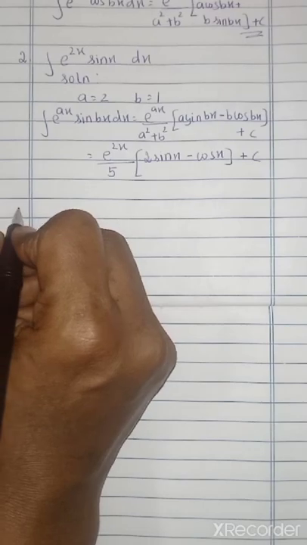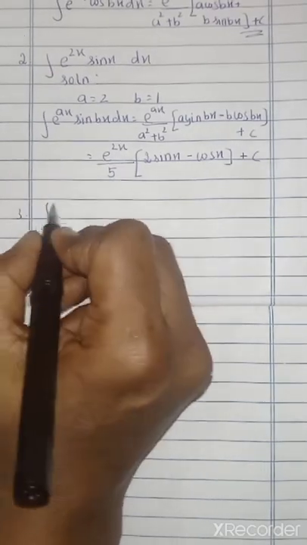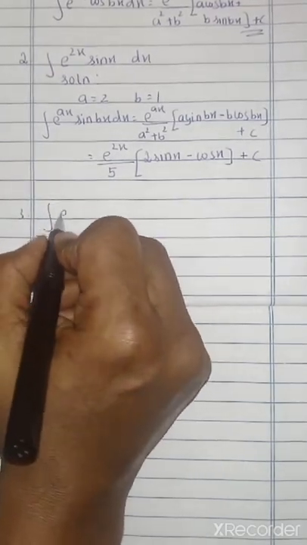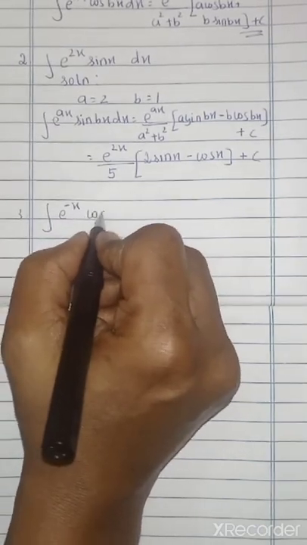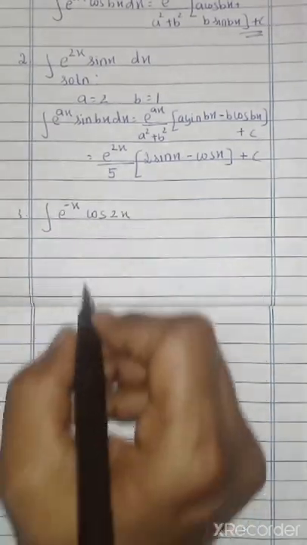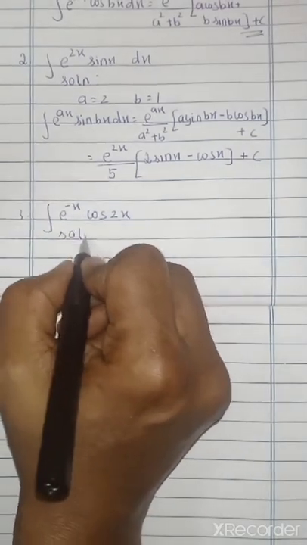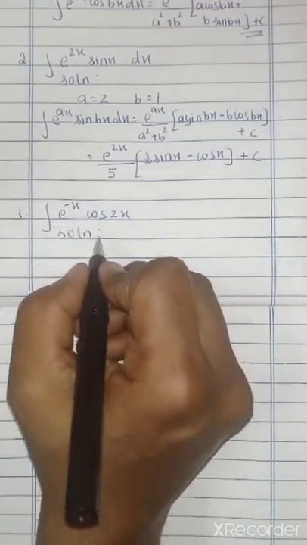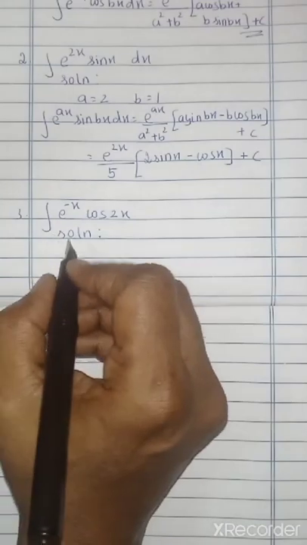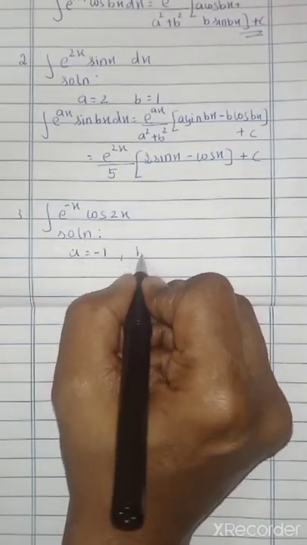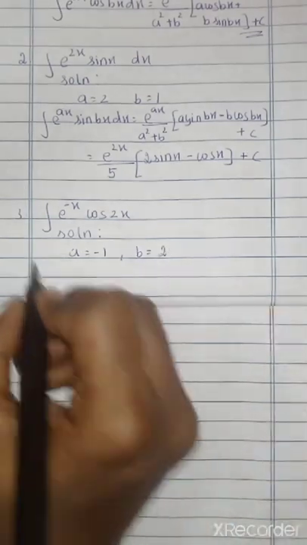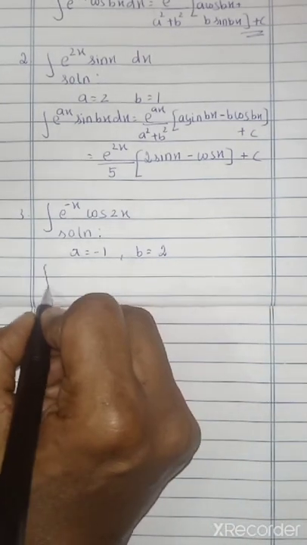Now third problem. Integral e power minus x cos 2x. This is also in the same format, e power ax cos bx formula. What is the a value? Minus 1. B value 2. So which formula are we going to use?